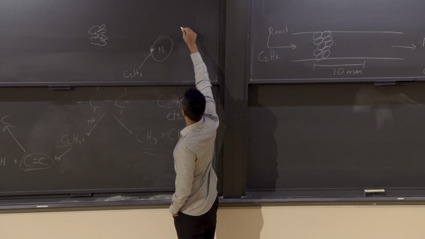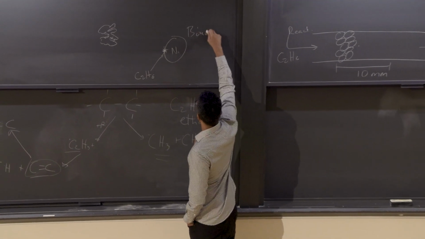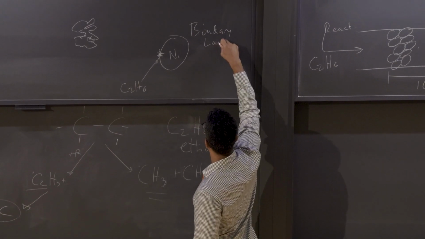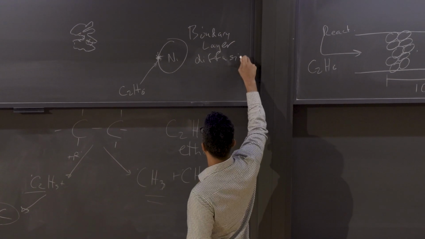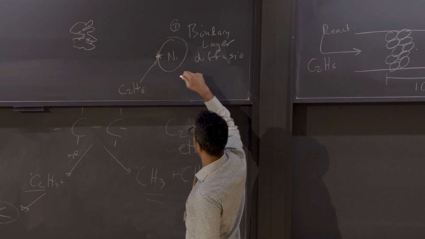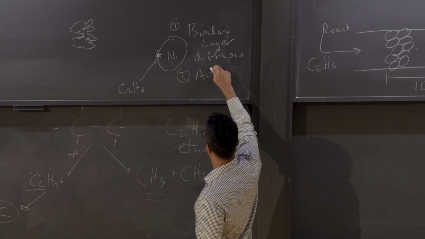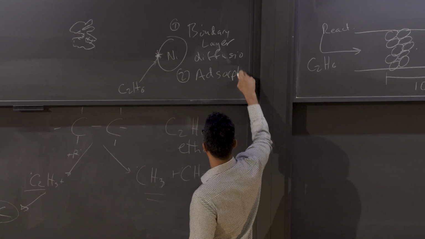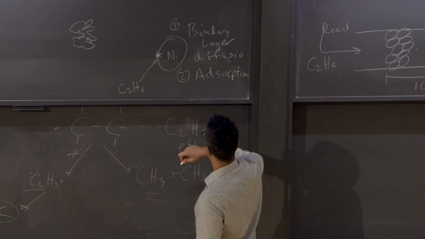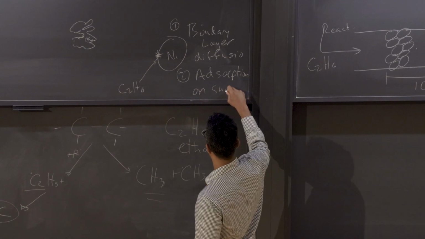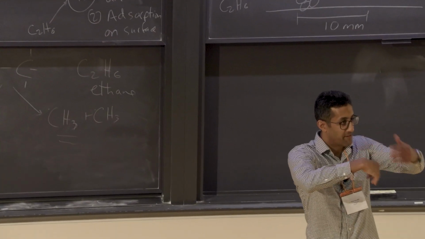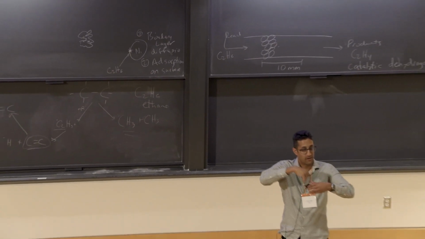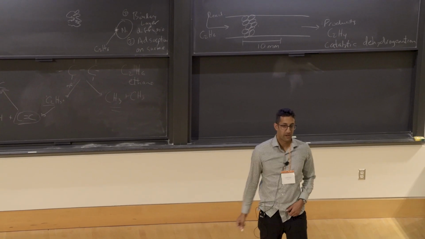So the first process is what we call boundary layer diffusion. Then the second process might be adsorption, or sticking of the molecule to the surface. Yeah, adsorption on the surface. Then as it adsorbs onto the surface, you have your reaction. Then you have desorption and leaving the boundary layer.